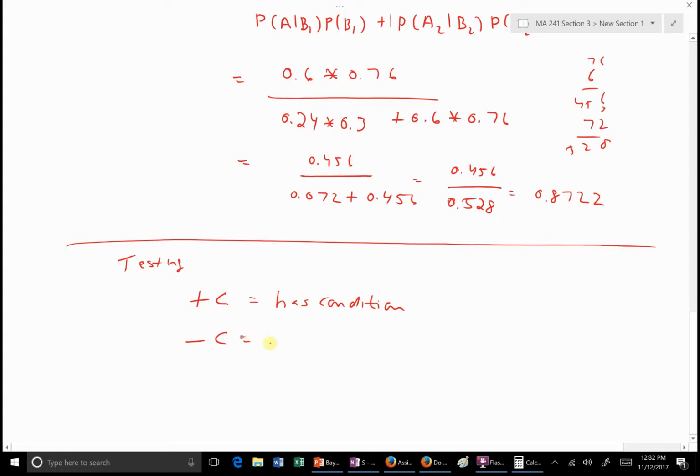And the other is that they don't have the condition. So this is reality. And then we're going to look at the results of the test, right? So we can have 2 outcomes. We can have a positive test or a negative test. In other words, the test comes back positive for, whatever we're testing for, right? Or it comes back negative.